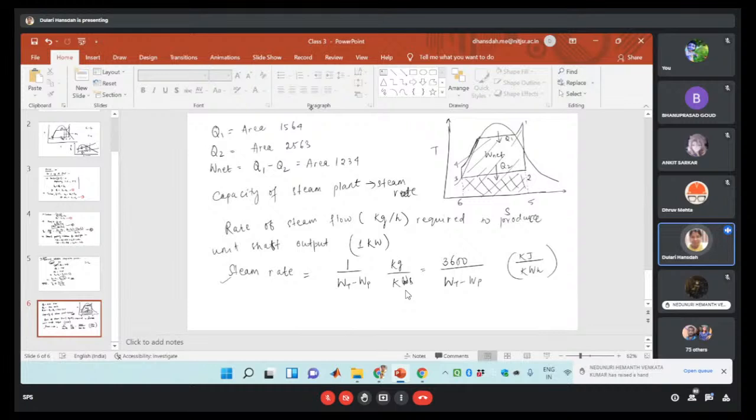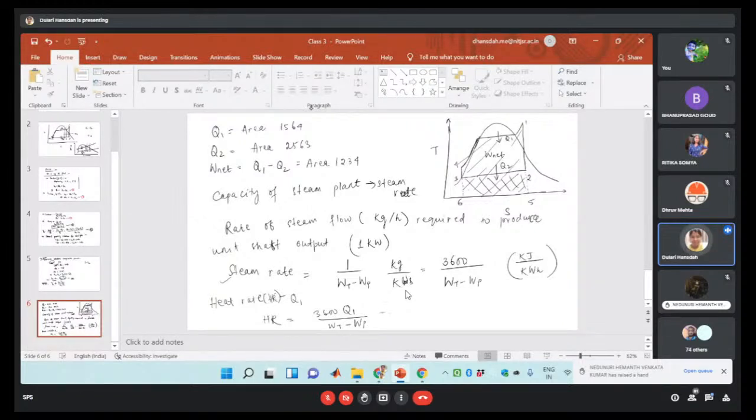Sometimes the Rankine cycle efficiency can be expressed in terms of the heat rate also. Heat rate means the rate of heat input, that is your Q1, required to produce unit work output, that is 1 kilowatt of work. The expression for the heat rate, HR, is 3600 Q1 upon Wt minus Wp.